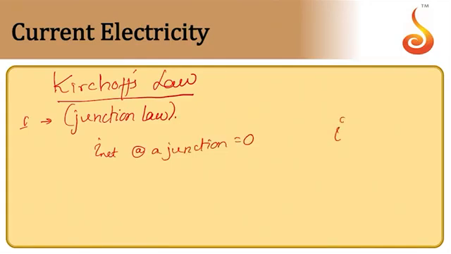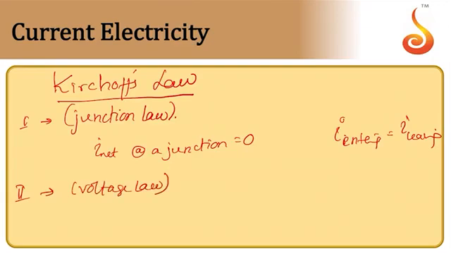Or we can say the incoming current, the current entering the junction, is equal to the current leaving the junction. Second is Kirchhoff's voltage law, or loop law, according to which the net change in potential over a loop is 0.